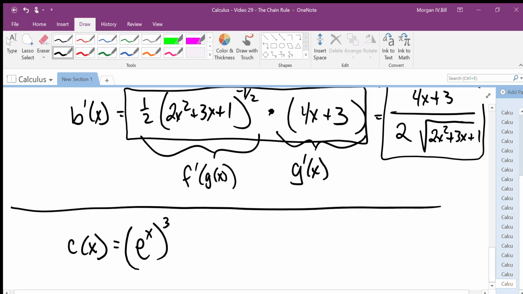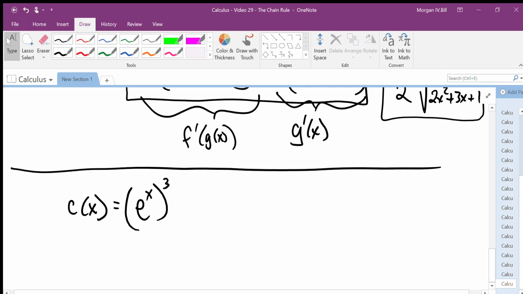So e to the x is a function, right? It's not just a number. And so when I think of this, my inside function is the g of x, that's my e to the x. My outside function is something to the third, blob to the third, right?